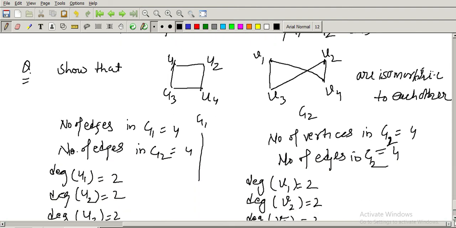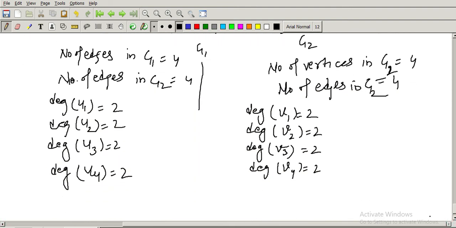So we can say that these two graphs are isomorphic because this is your first condition, number of edges, number of vertices. In G1 the number of vertices is 4, edges is 4, in G2 we have vertices 4, edges 4, and the degrees are the same, okay? So we can say that G1 and G2 are isomorphic.